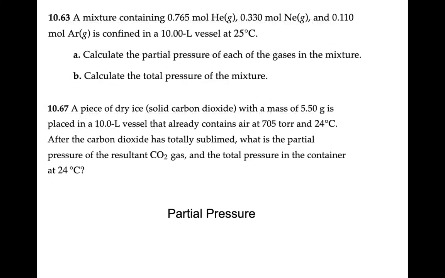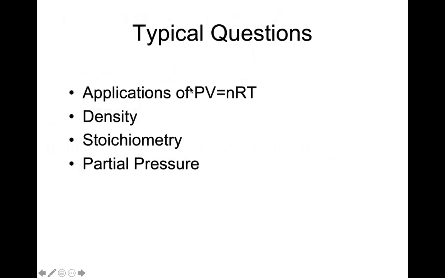And this was the last category involving the partial pressures. We had a mixture of different types and it was asking to calculate the partial pressure, calculate the total pressure. So those are the different categories I would expect here. Typical questions from the first half of the chapter are applications of PV equals nRT that might involve unit conversions, density, stoichiometry, and partial pressure.